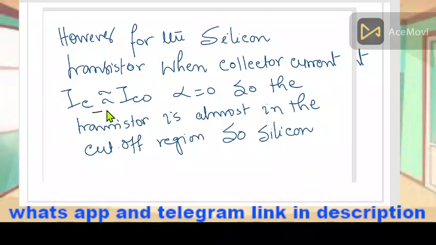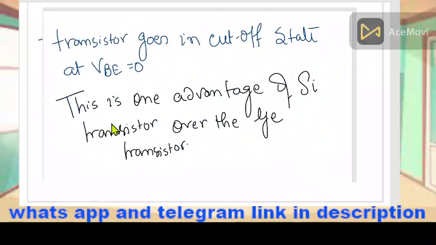In silicon, there is no requirement of applying additional voltage at the emitter junction. So the silicon transistor is in the cutoff state for VBE equal to 0. You can make the base emitter voltage 0, and the transistor goes in the cutoff state.